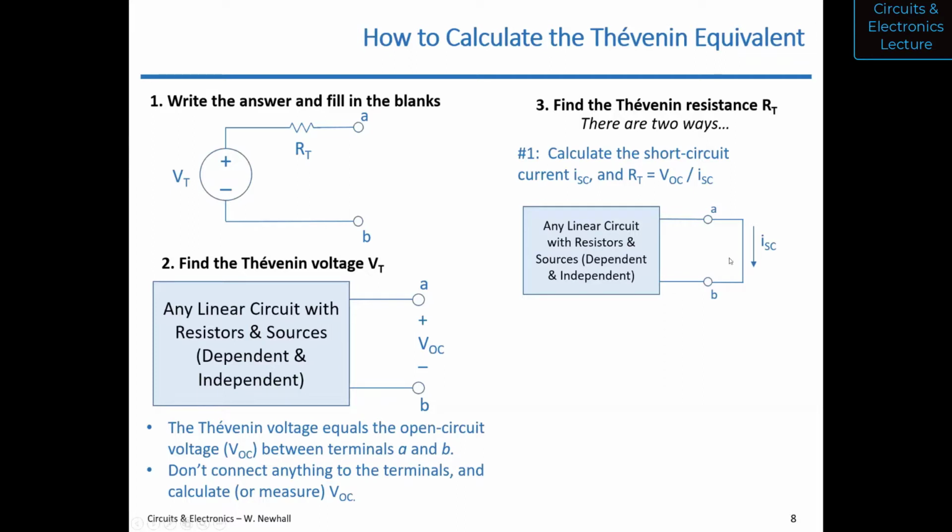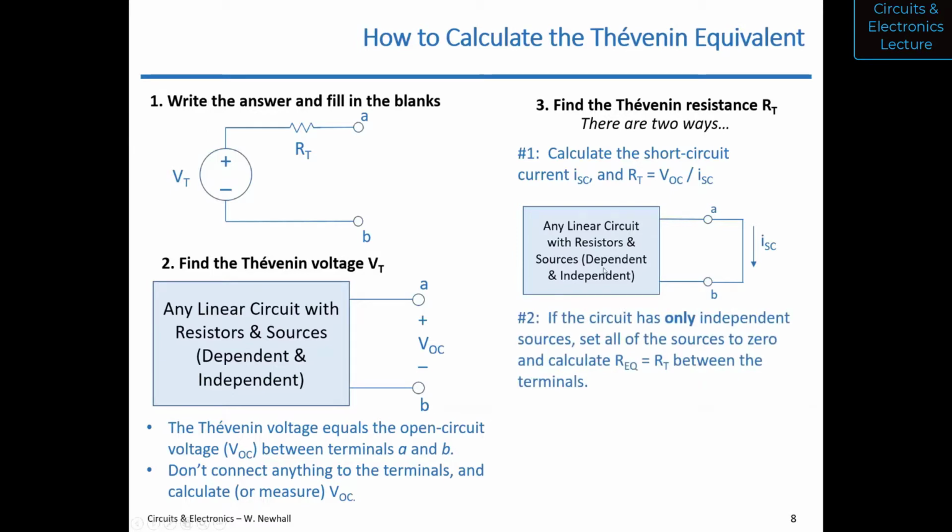There's a little easier way if you have only independent sources inside that blue box. So circles, right? No diamonds. Remember, circles, either current sources or voltage sources, are all independent. If you have any diamonds, dependent sources, number 2 does not work. So this only works for independent sources.